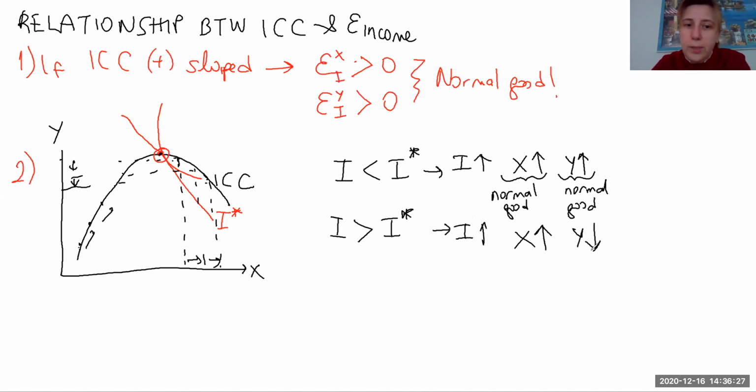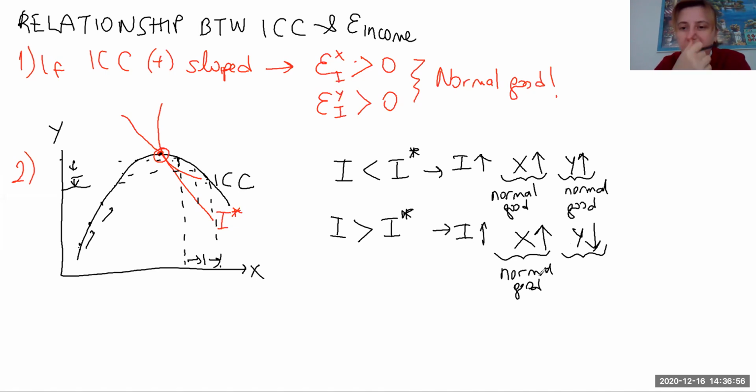What is the evaluation of this consumer about X and Y? What can you say about good X and good Y after this critical income level? Exactly. X is always a normal good for this consumer for all income levels.